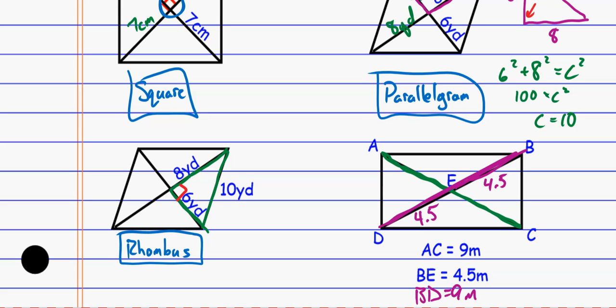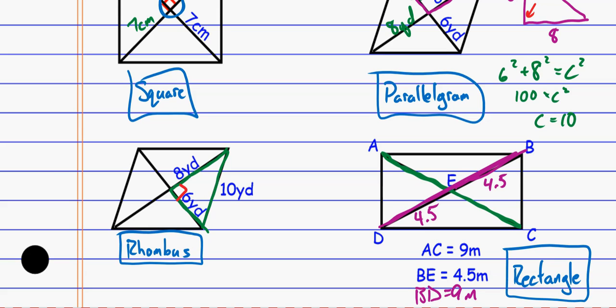Now I can see that the two diagonals are congruent, which means this thing has to be a rectangle. I also can't make any determination about whether or not the two diagonals are perpendicular. There's not enough information for me to show that, so I'm going to assume that they're not perpendicular right now. So the best I can do here is say that it's a rectangle. But if I could find out that the diagonals were perpendicular, then instead of just being a rectangle, it would be a square.